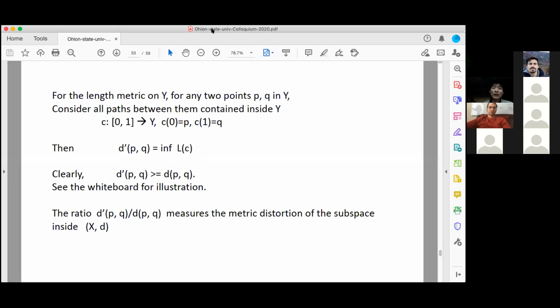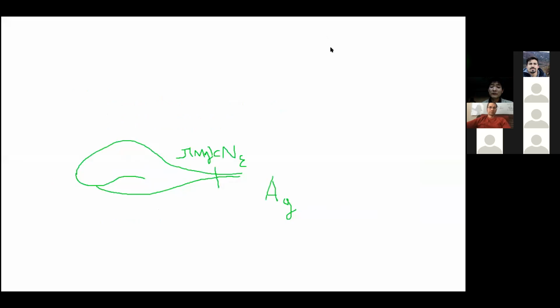So let me just show you one familiar example here. Suppose I have a circle, so this is my Y, inside R^2 with the Euclidean metric, you see? So the restricted distance is this here.